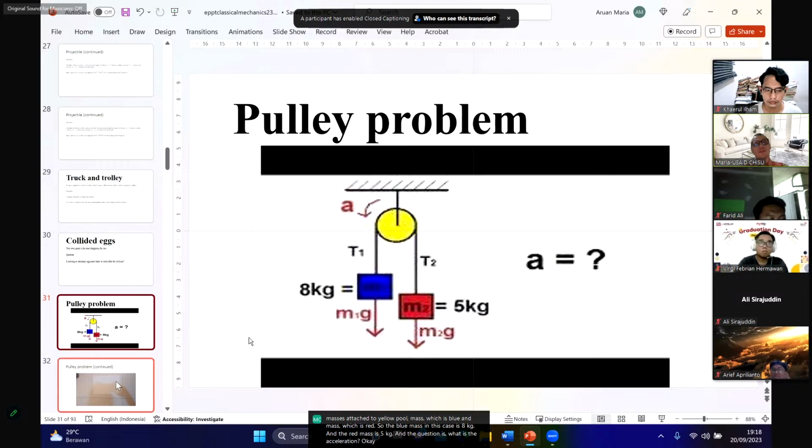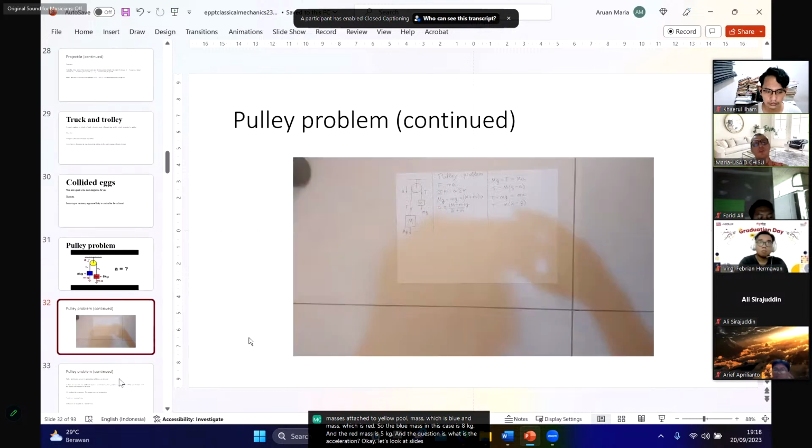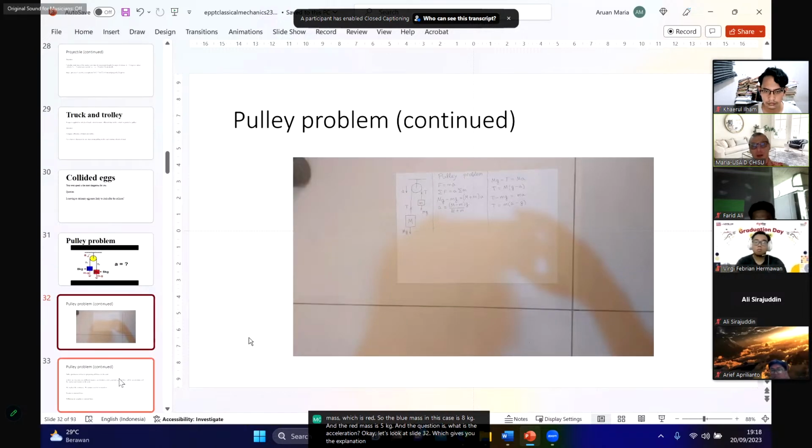Okay, let's look at slide 32, which gives you the explanation. I hope you can see that. We use the second law of Newton, projecting all the forces on the rope, which has the tension T. Then we solve for the acceleration and for the tension in the rope.